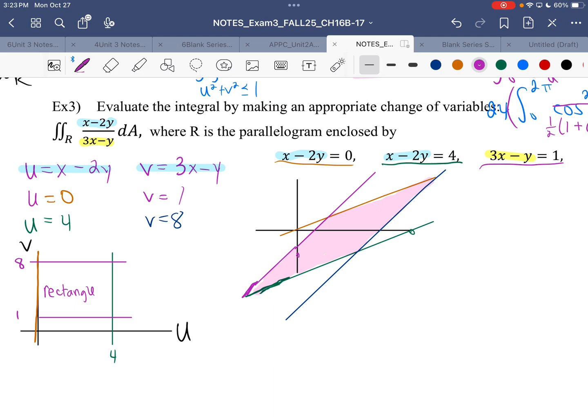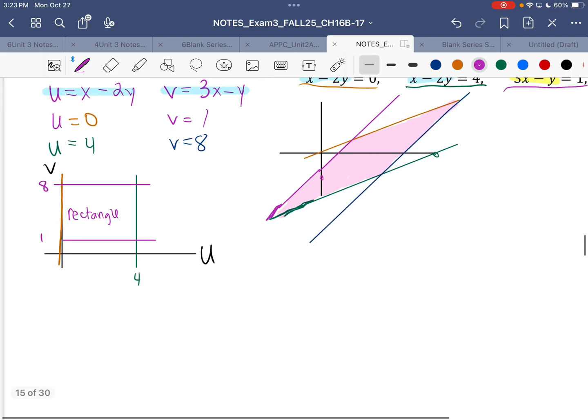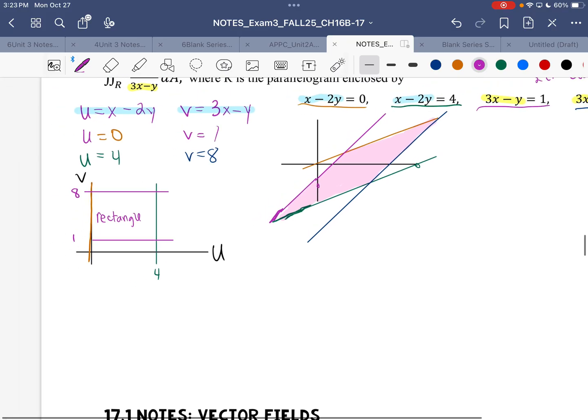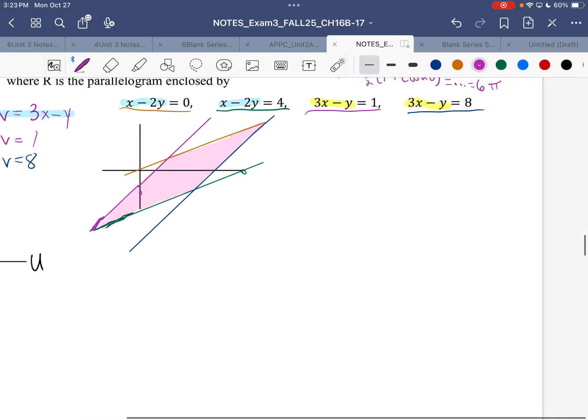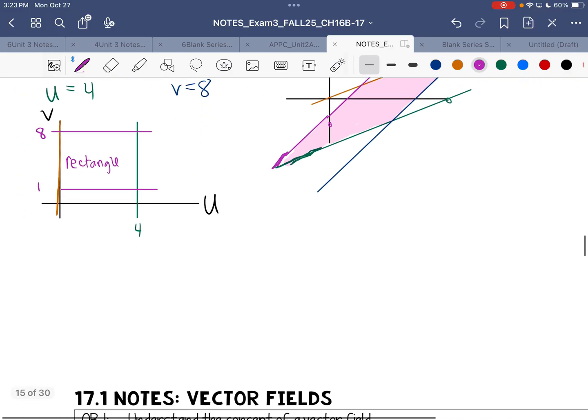Let's do our Jacobian. We were in x's and y's, but we want to actually figure out, let's set up our matrix here. We've got x's and y's.